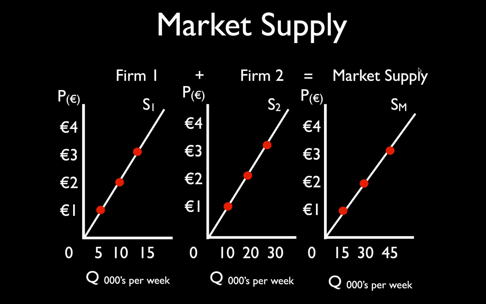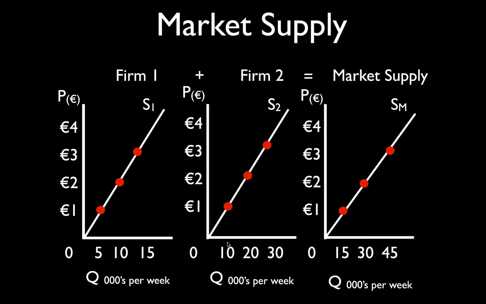So don't forget, okay, we know what a movement is caused by a change in price, so therefore each firm will change the amount that they produce as the price changes up to a maximum capacity constraint, and therefore that's how we calculate the amount that is supplied to the market at each price, by adding together the quantity that is supplied by each individual firm in the market at each price.